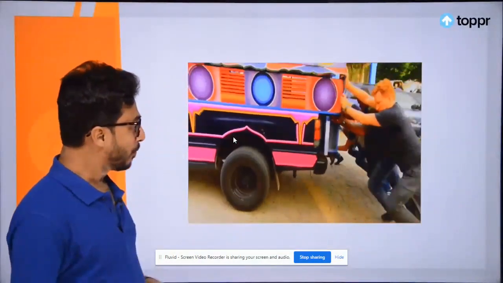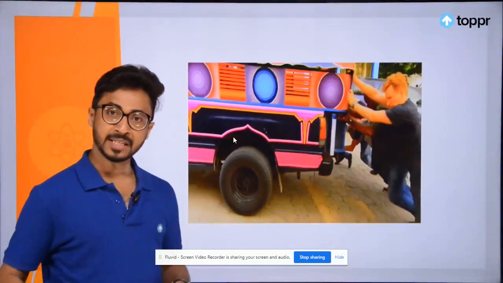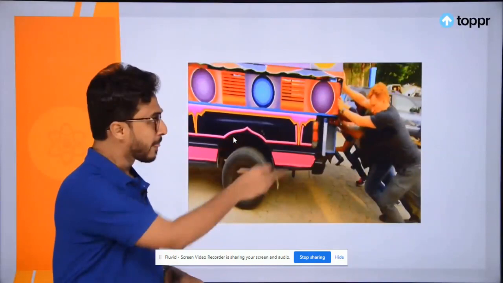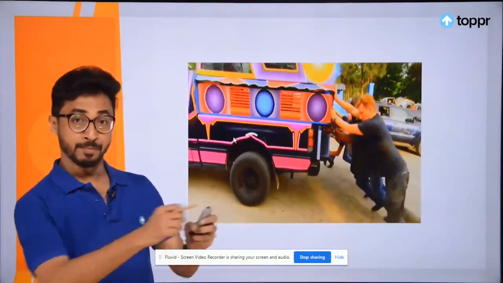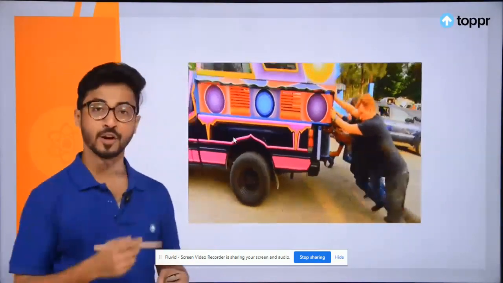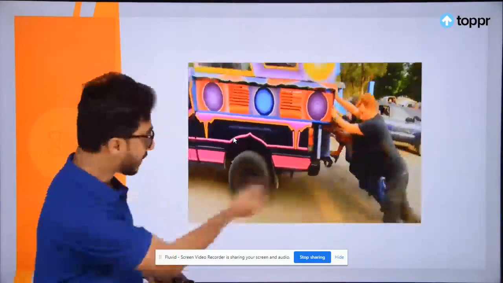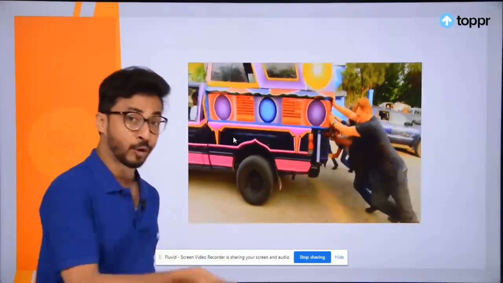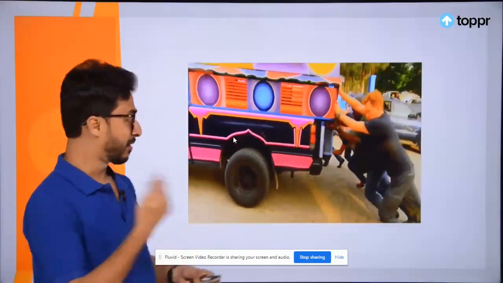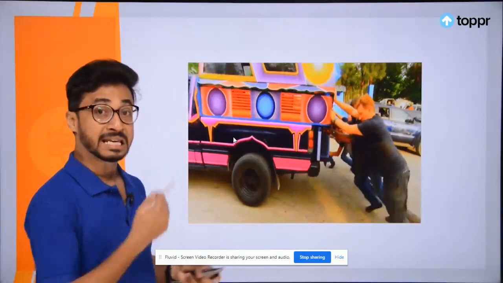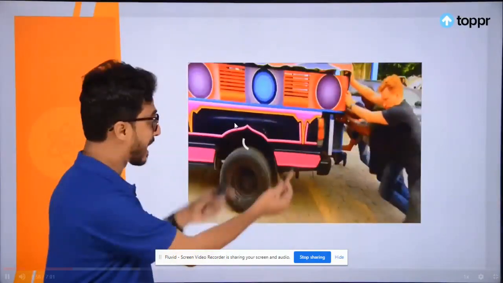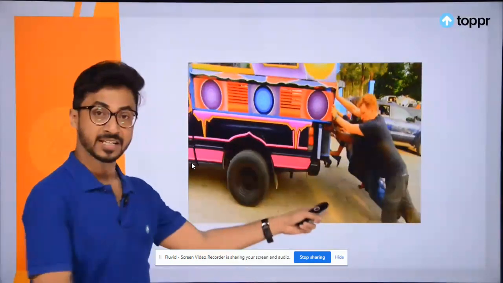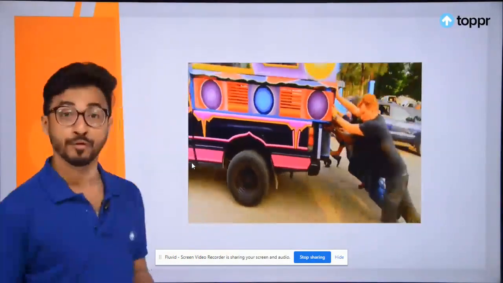Now, see this video. What these men are doing. These men are pushing a car or trolley and the trolley is moving. So these men are applying force. When the men are applying force, the trolley, yes, it started from rest and it started moving.